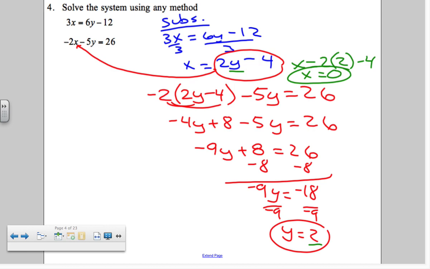Okay? Also, you could have done this. This would be the elimination method. You could have brought the 6y from the top equation over to the other side of the equal sign.